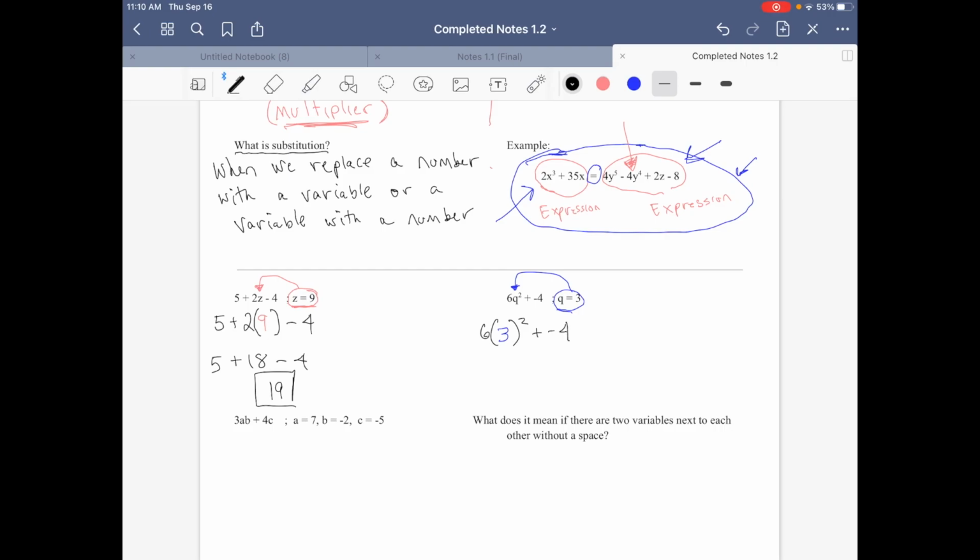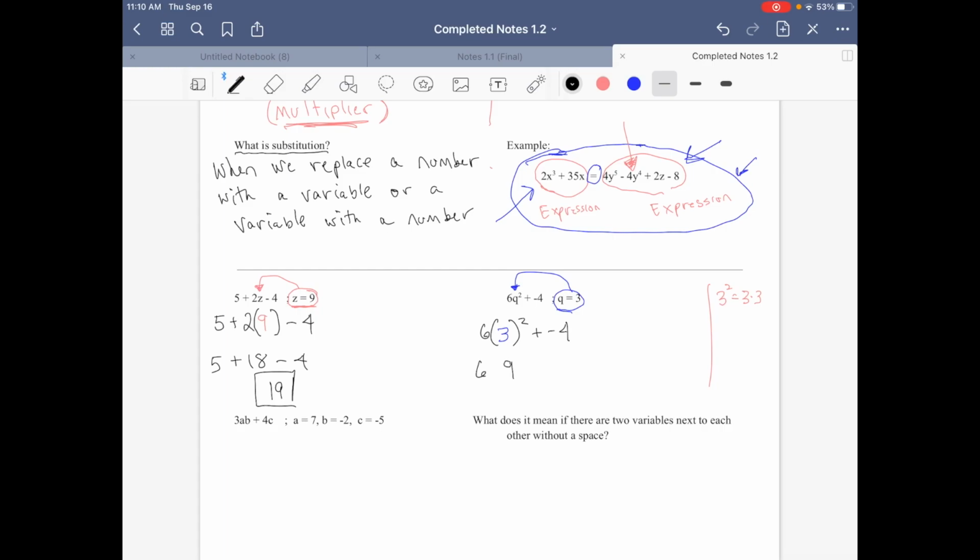So first thing we got to do, parentheses, nothing to do inside that parenthesis. So next we have the exponent, that exponent to the 2nd power. So I'm going to go 3 to the 2nd power. And 3 to the 2nd power, remember, is the same as 3 times 3. So that's going to be 9.